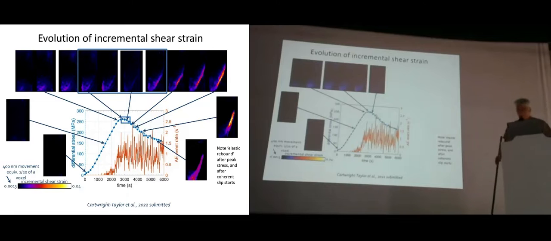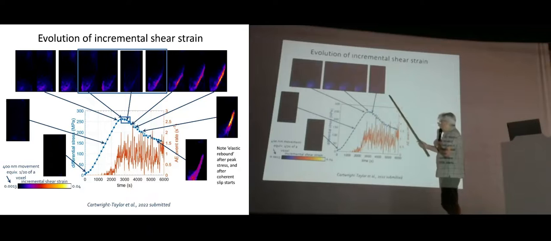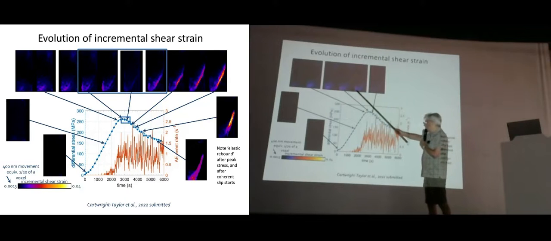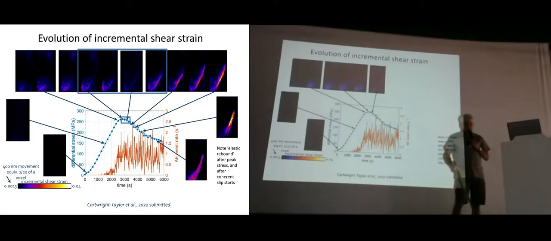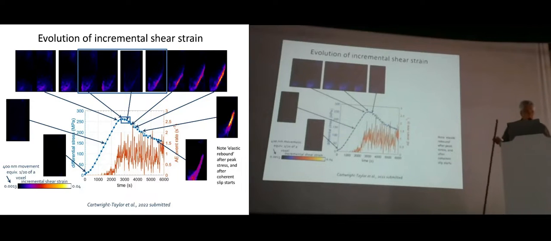And as you go over peak stress, now we've kicked in the acoustic emission feedback, we see a relaxation. So you drop the stress, you see a relaxation. Less strain in that increment than you would expect if you carried on loading. So like an elastic rebound kind of thing.